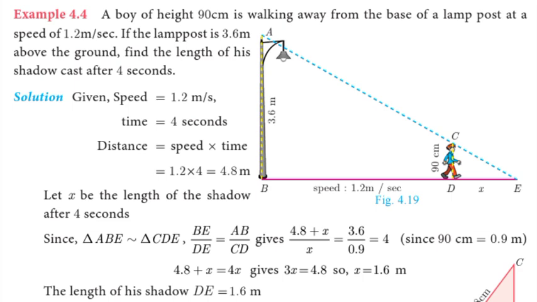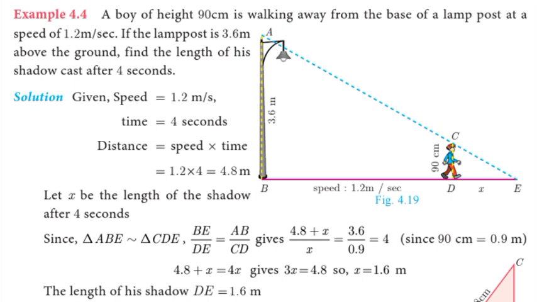So therefore 4.8 plus x divided by x equal to 4. Cross multiplying, 4.8 plus x equal to 4x. Interchange the value, 4x minus x, what is the answer? Yes, 3x, that equal to 4.8.